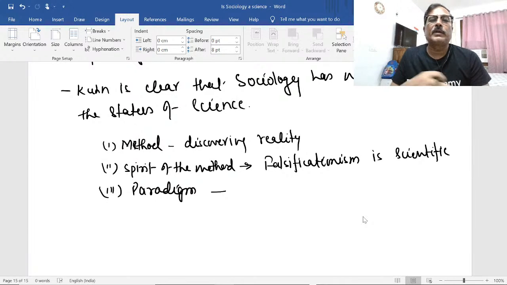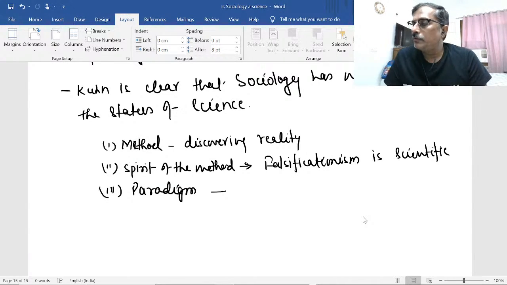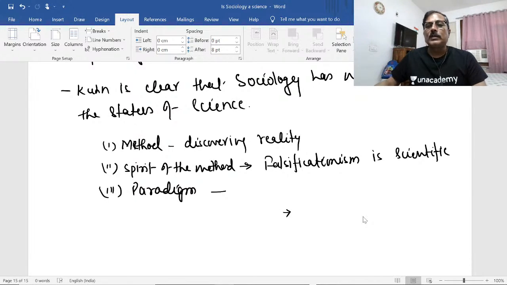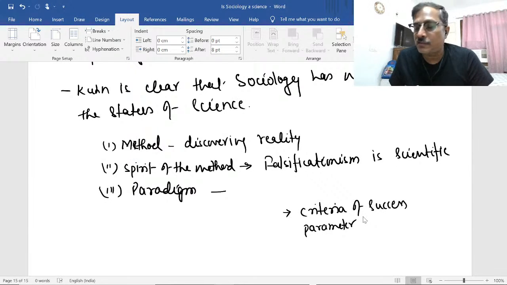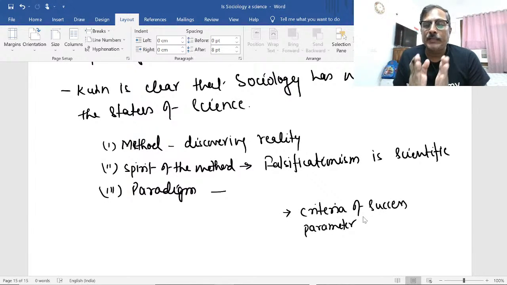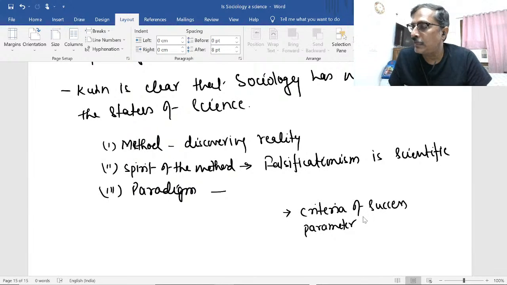For example, suppose somebody asks you, are you successful? Naturally, you can't answer this question because first you have to ask, what do you mean by success? What are the parameters of success? Whether taking care of your ailing parents, achieving economically, maintaining the unity of your family, or getting prestige in society is the parameter of success.